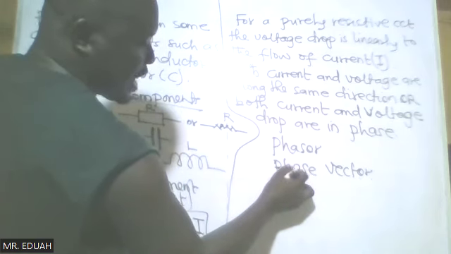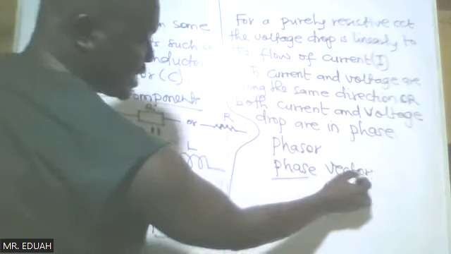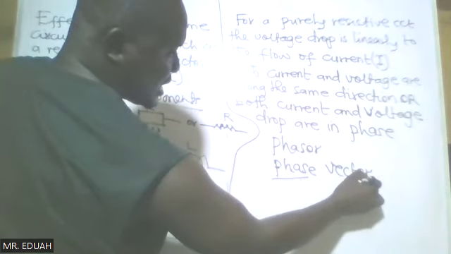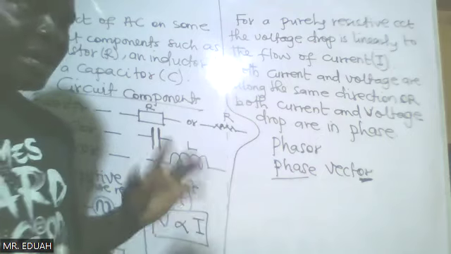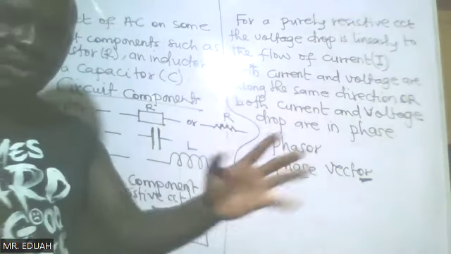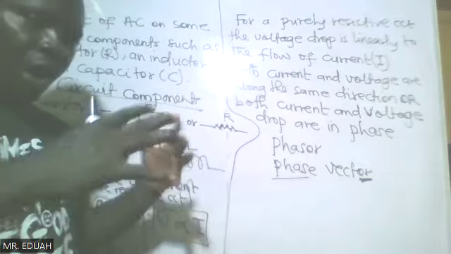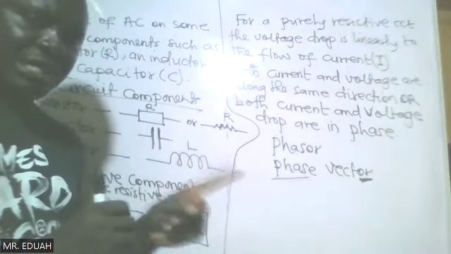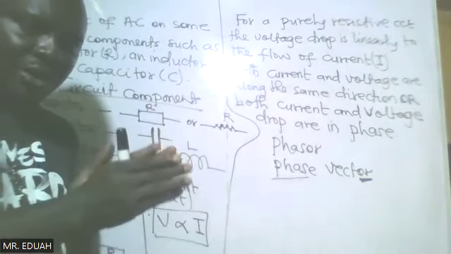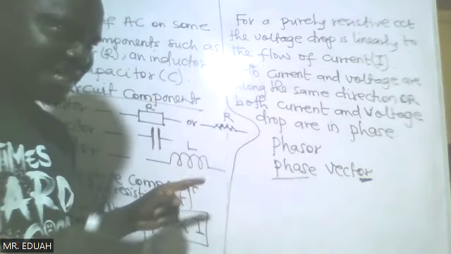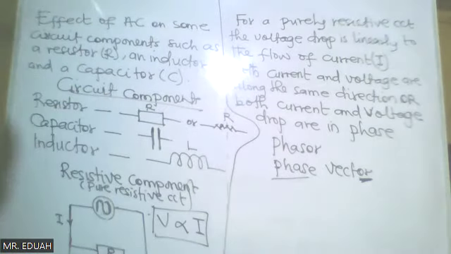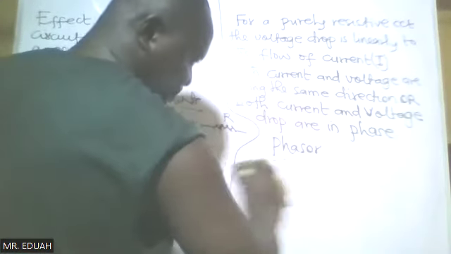So a phasor diagram shows that two quantities are along the same direction, and they achieve their maximum and minimum together. It is a vector representation of these quantities in phase.